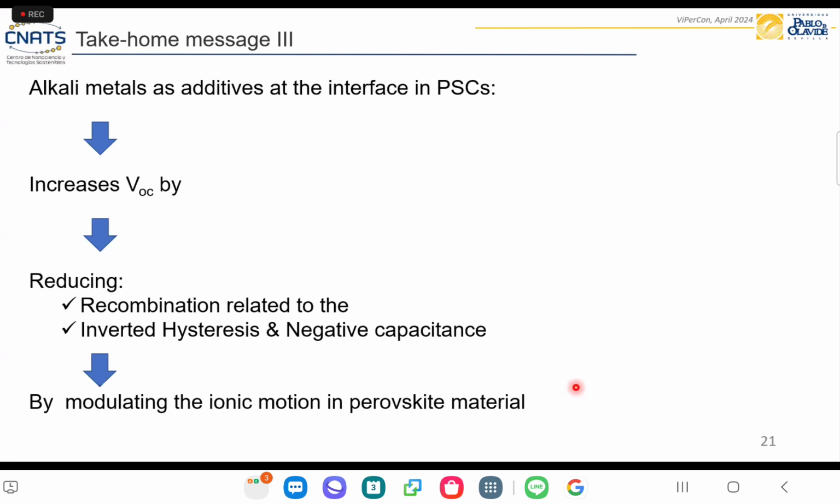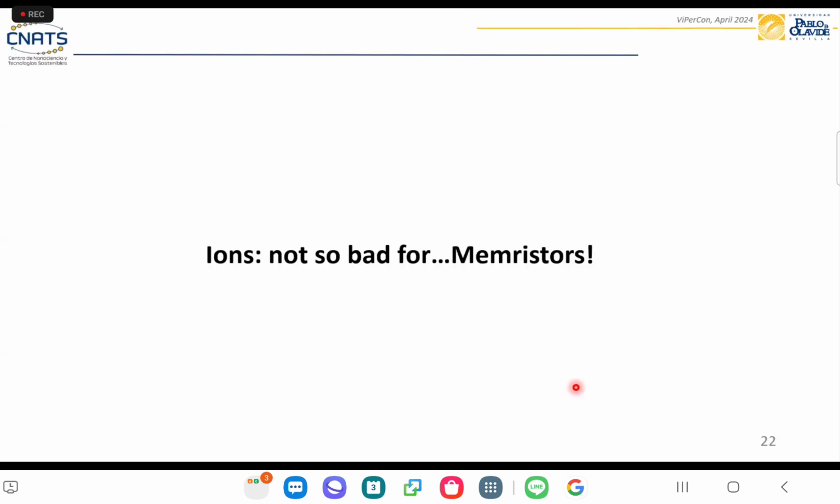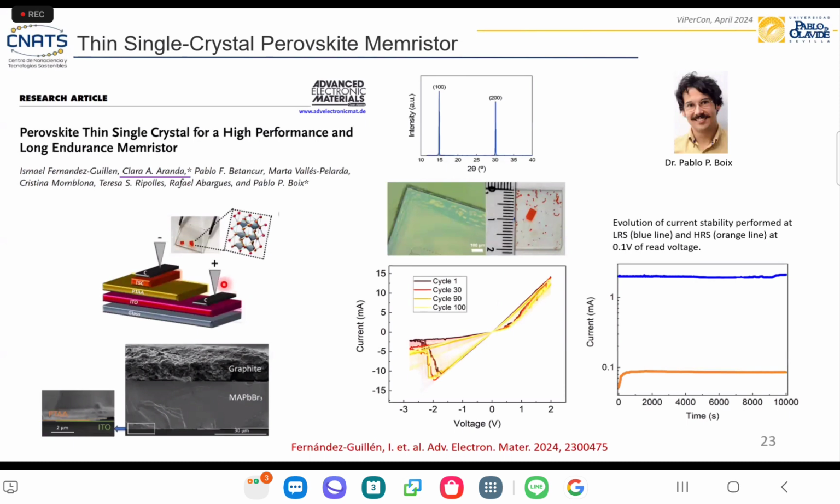And with this, we jump into the last work I want to show you, and that is that the ions, okay, are pretty bad for perovskite solar cell performance, but they are very good, in fact, for other non-photovoltaic devices such as memristors. Again, we use methylammonium lead bromide, but this time to make a very long endurance, high quality, high performance memristor perovskite device.